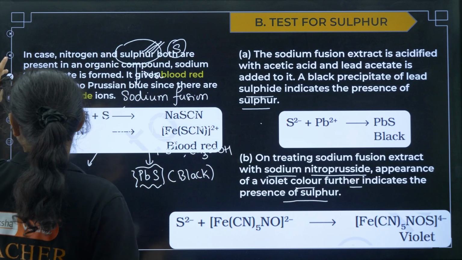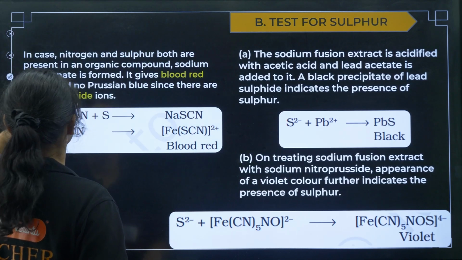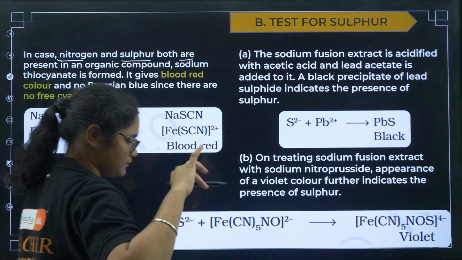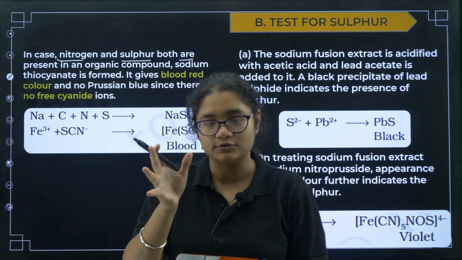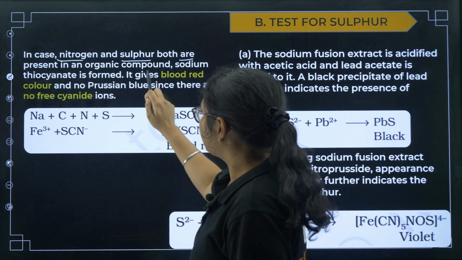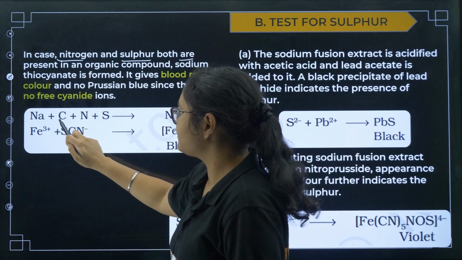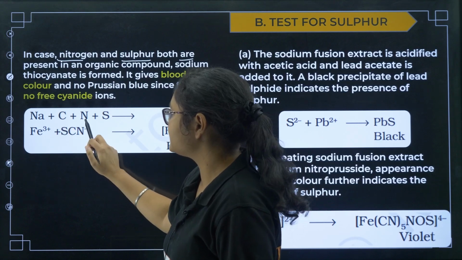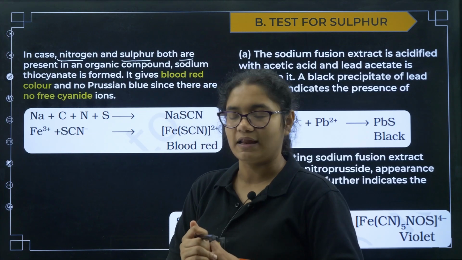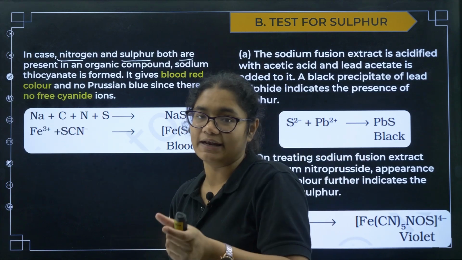Okay, so you can see this reaction here. One second, let me clear all this. In case nitrogen and sulfur are both present, for example NaCN is also there, NaS is also there, in an organic compound the sodium thiocyanate is formed. For example, if this organic compound has nitrogen, sulfur, and carbon, then if you react with sodium, you won't get NaCN separately and NaS separately.